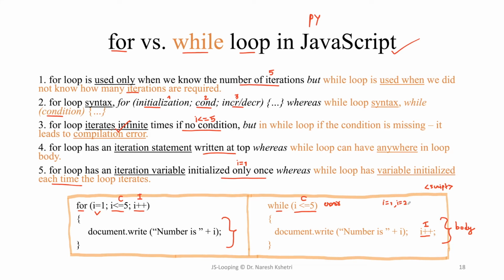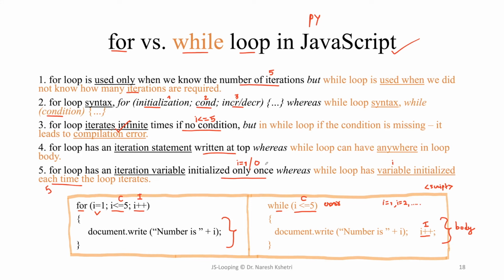So it keeps on continuing, and the variable i keeps on being updated each time. That means 5 times over here, but only once over here. So these are the 5 major differences.